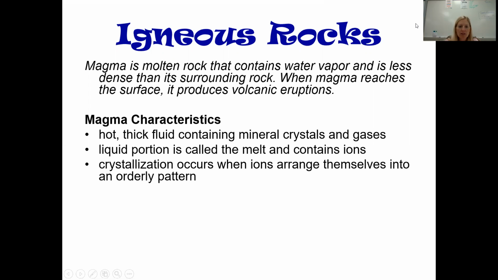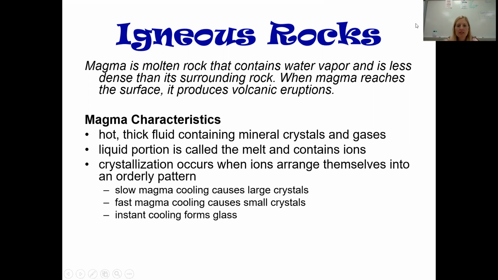So that magma is going to contain minerals as well as gases, and it is going to crystallize when it cools. When it crystallizes, it's going to solidify, and those ions arrange themselves in an orderly pattern. Depending on how quickly the magma cools, we will get some large crystals or some small crystals, or even maybe no crystals at all.